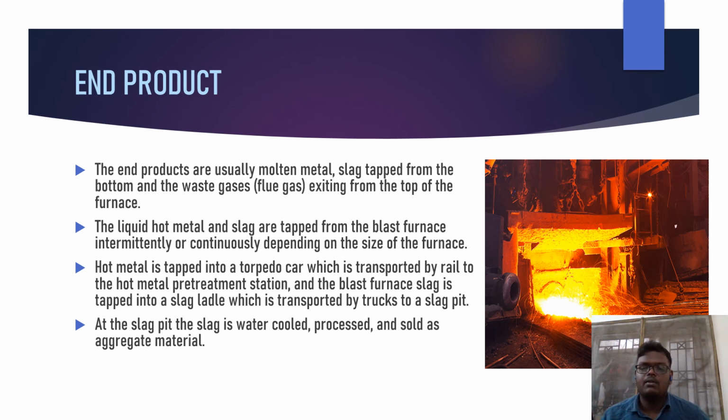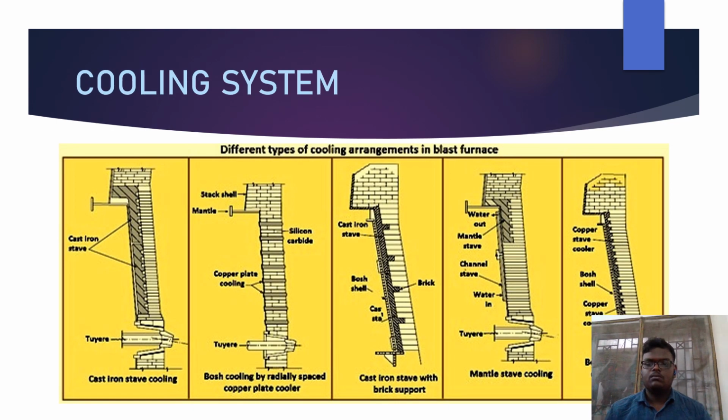Hot metal is tapped into a torpedo car, which is transported by rail to the hot metal pretreatment station, and the blast furnace slag is tapped into a slag ladle, which is transported by trucks to the slag pit. At the slag pit, slag is water cooled, processed, and sold as aggregate material.